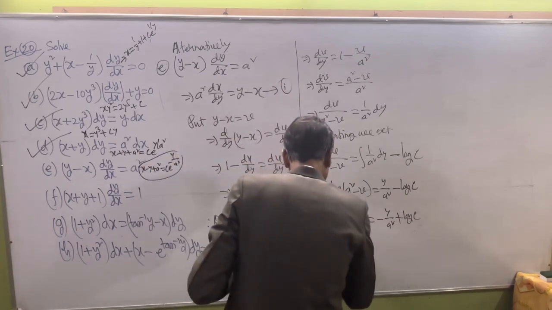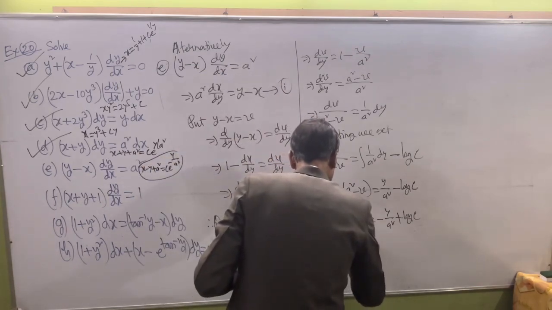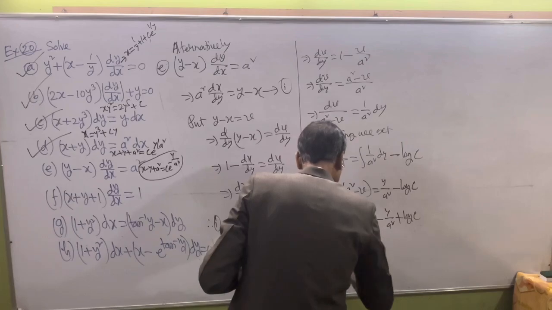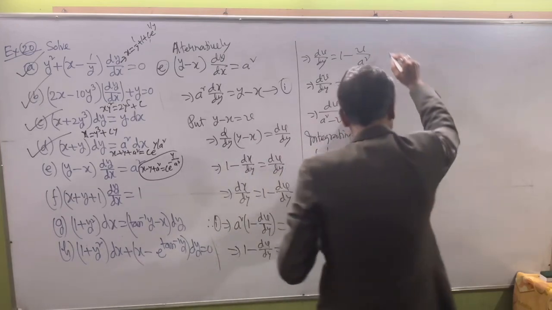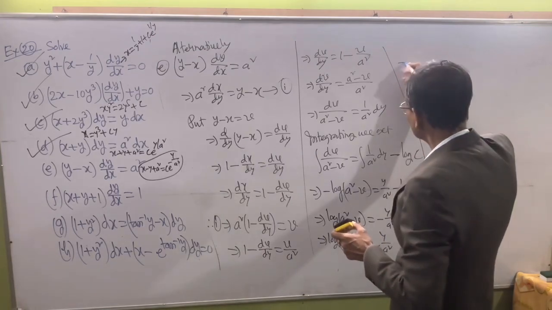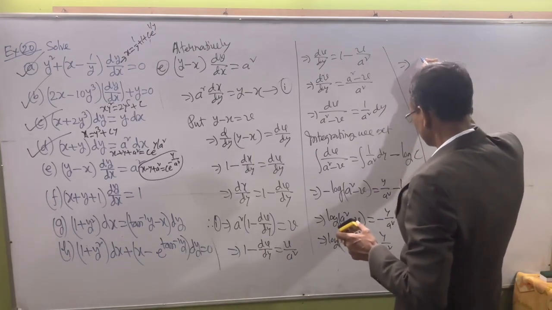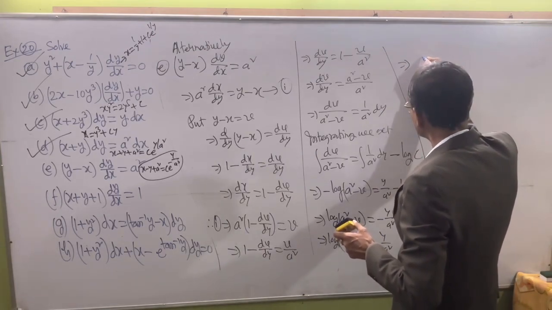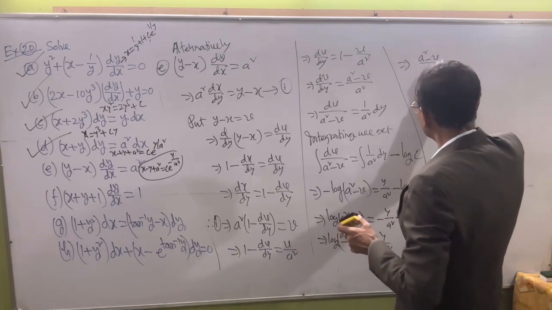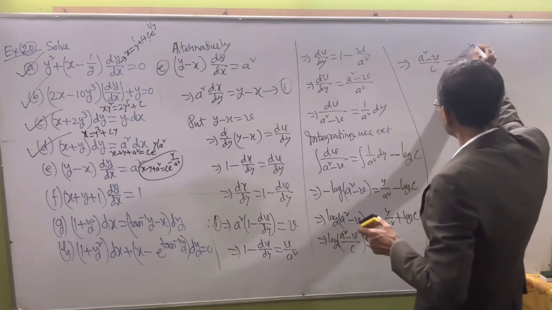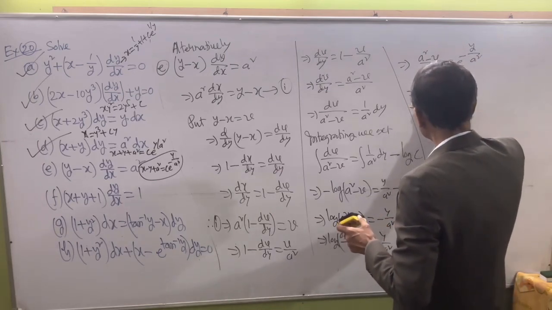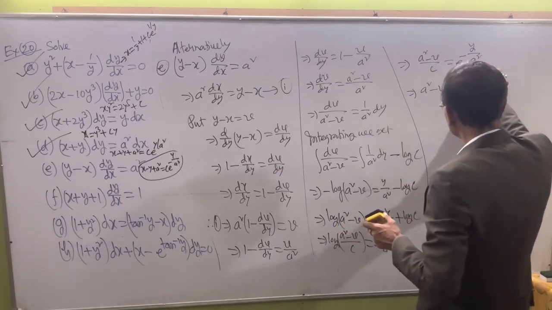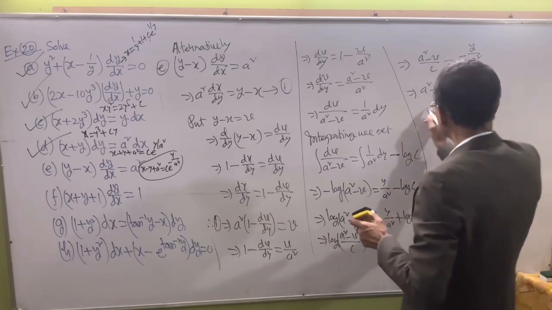This means log of a square minus v by c equal to minus y by a square. This means a square minus v by c equal to e to the power minus y by a square. This means a square minus v equal to c e to the power minus y by a square.